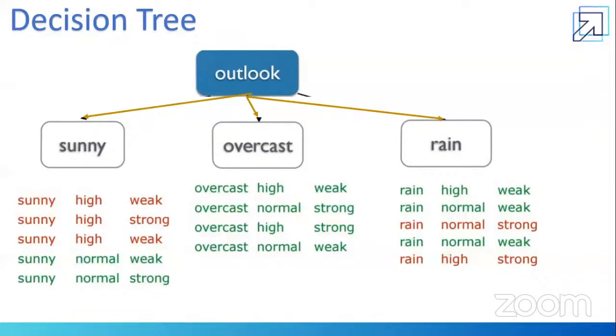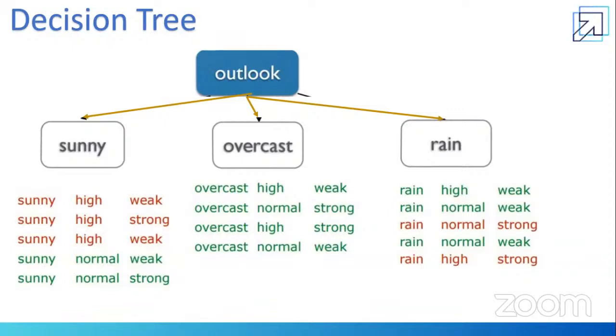And if we have a mixture of yeses and nos, a mixture of positives and negatives, then it is said to be an impure set. When we have got a pure set, we will not divide it further. We can only divide an impure set.